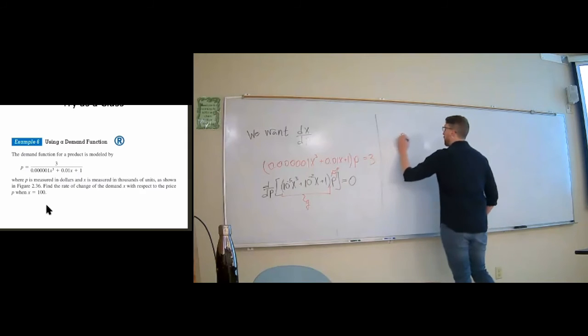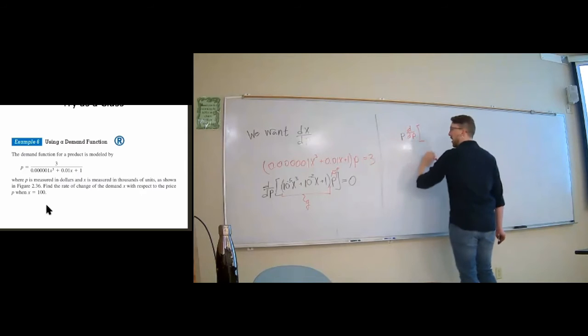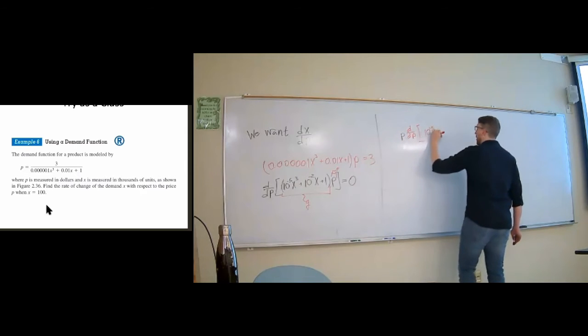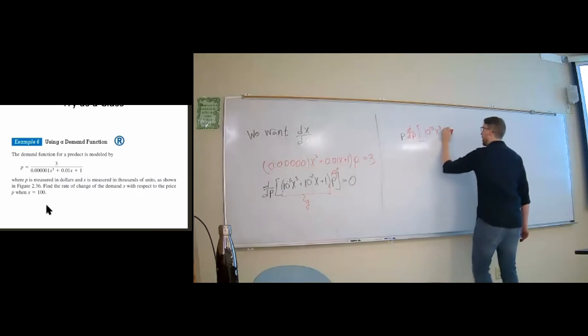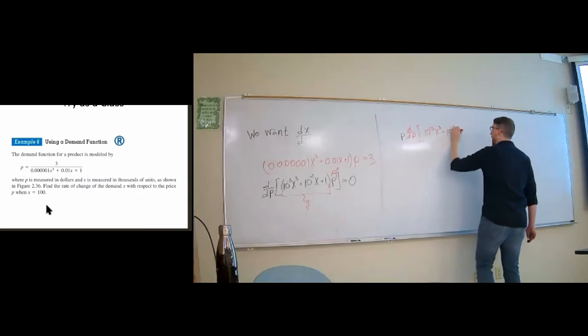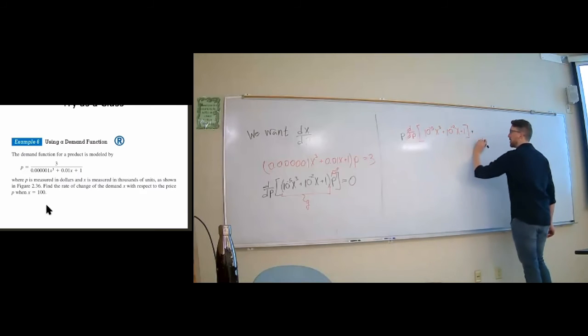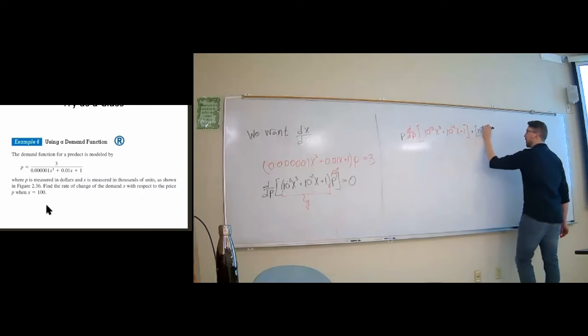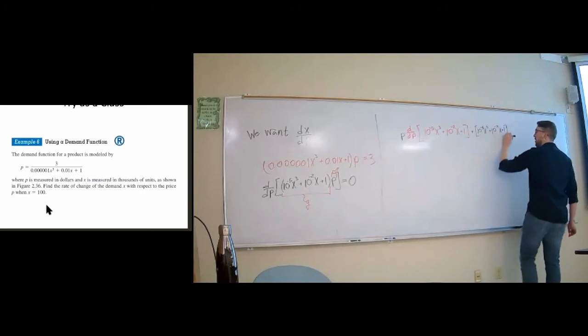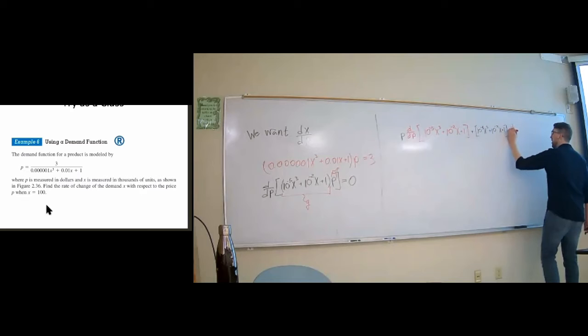First, we're going to have p times the derivative with respect to p of 10 to the negative fifth x cubed plus 10 to the negative second x plus 1, plus 10 to the negative fifth x cubed plus 10 to the negative second x plus 1 times d/dp of p, and d/dp of 1 is equal to 0.